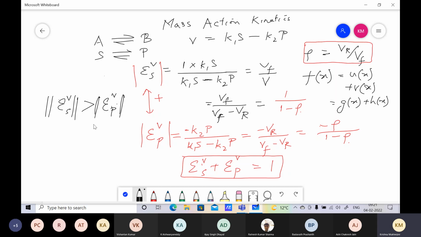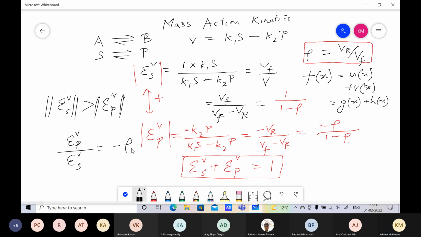And also, very obviously, what about EV by P divided by EV by S? It is equal to minus rho. Yes, the ratio is equal to minus rho. Is this not true?